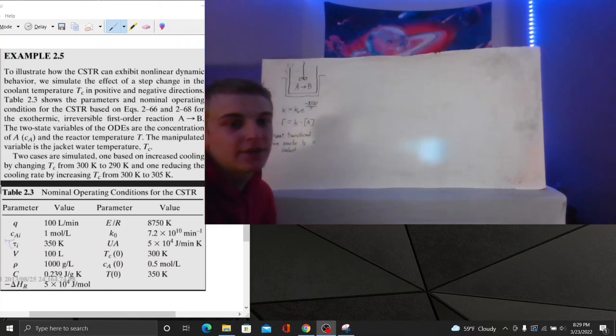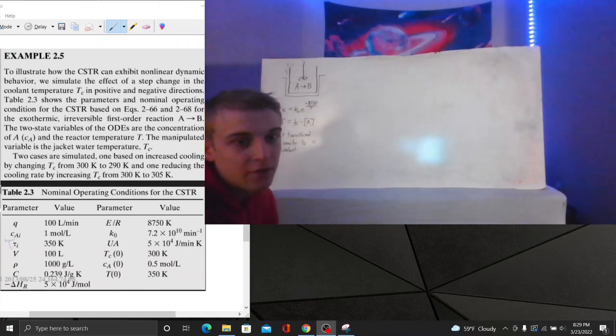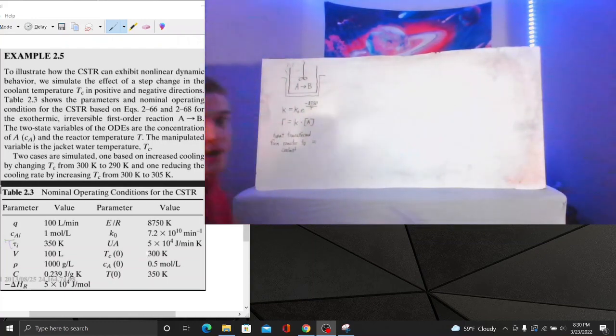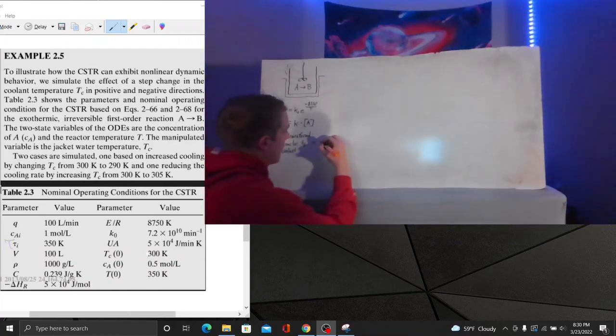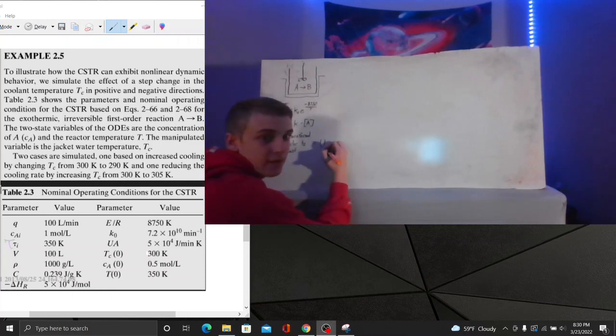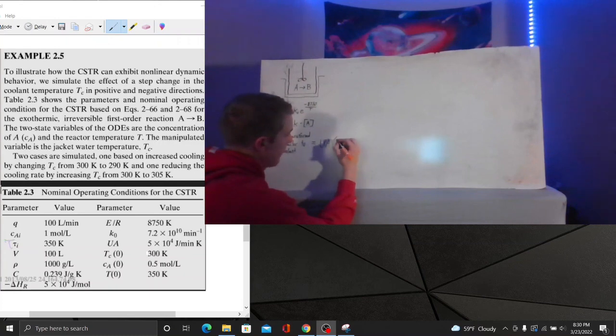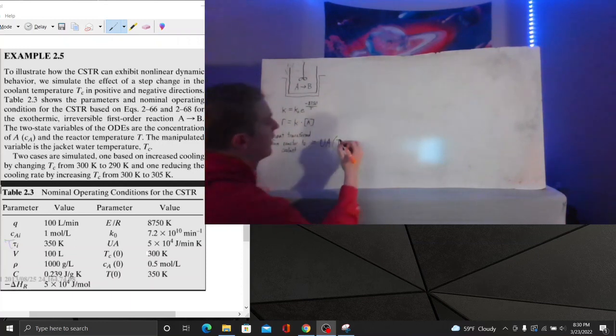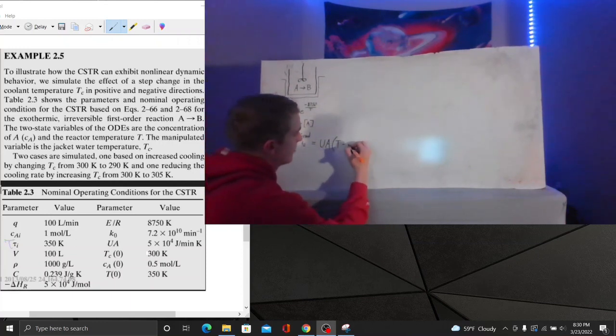And that is going to equal our UA value here, UA times the temperature of the reactor, obviously, minus the temperature of the coolant.